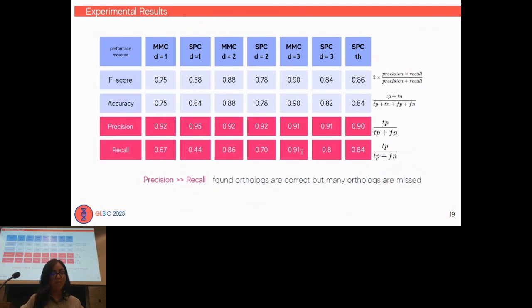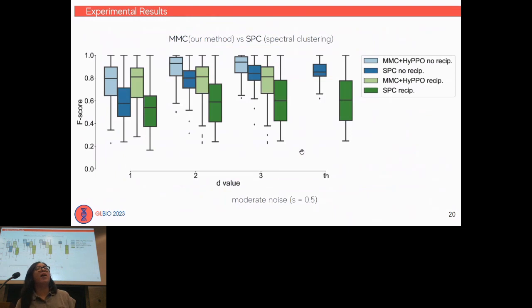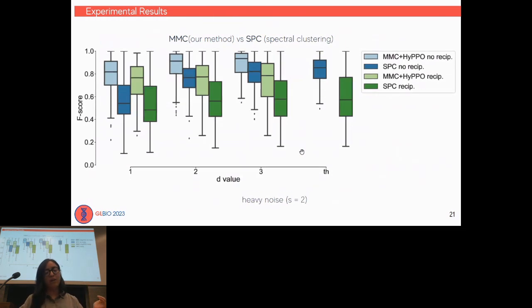We also combine our method with another method that helps us recover the intercluster orthologs, called HIPPO, hybrid prediction of orthologs. We see that in the presence of moderate noise, our method remains competitive, and also when we increase the noise factor to 2, our method still remains competitive.